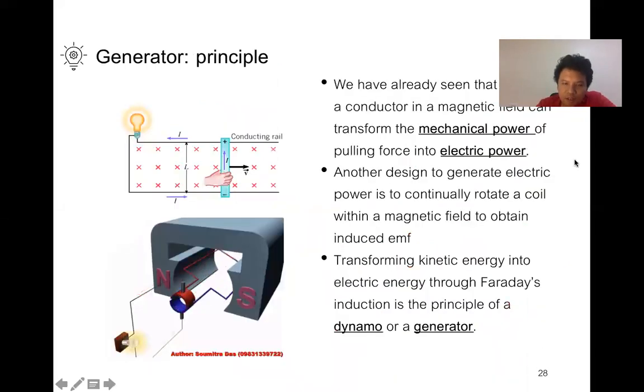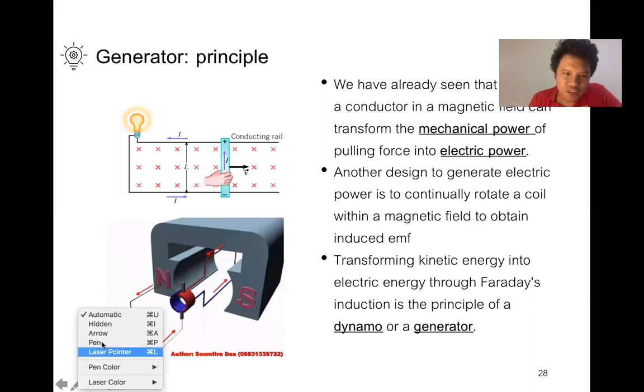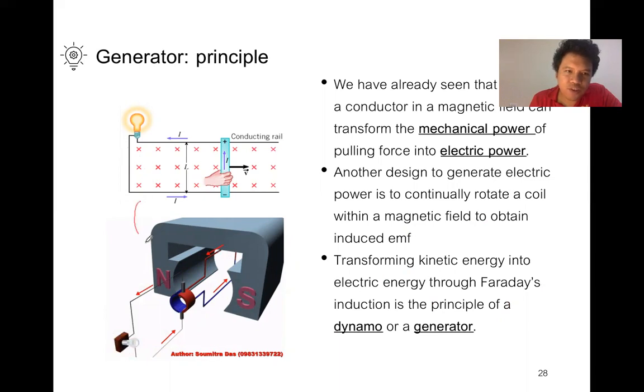Okay, so that's the generator principle. In this problem, we are going to change the design a little bit. Why are we changing the design from pulling in one direction into rotating? It is because rotation is continuous. You can keep rotating your generator forever, if you like.